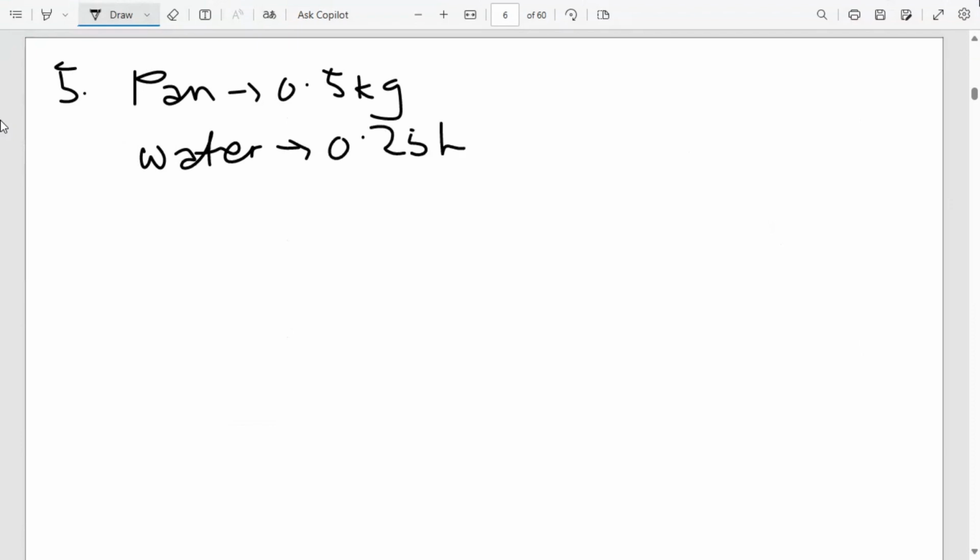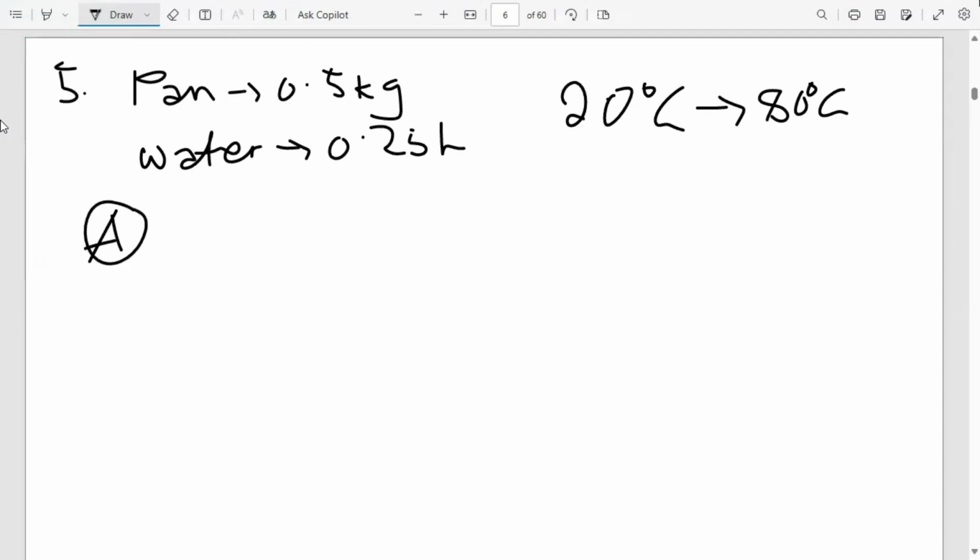I guess this is what we've been given. And these guys are heated from 20 degrees Celsius to 80 degrees Celsius. So question A is saying how much heat is required to give us this change in temperature from 20 degrees Celsius to 80 degrees Celsius.